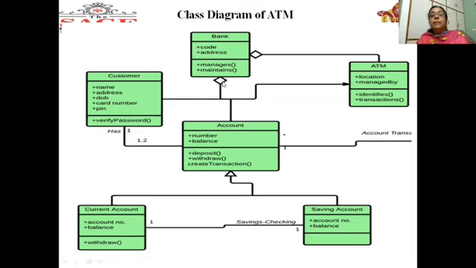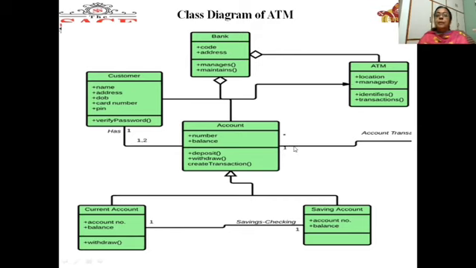Like this, you can see these diamond shapes which show the aggregation quality. It means account is a part of bank, customer is a part of bank.